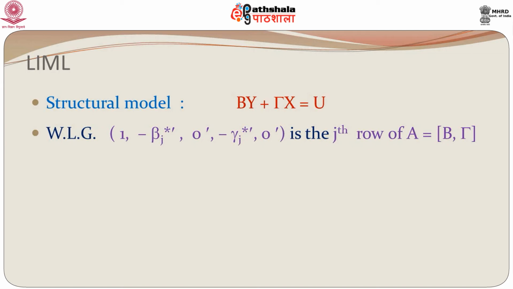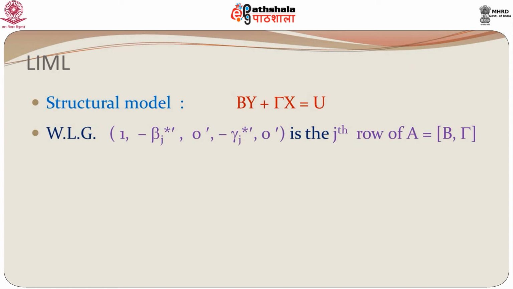Remember, beta j star and gamma j star are the parameters for the jth equation, and we have zeros because some of the endogenous variables, which is capital G minus small gj, and some of the exogenous variables, which is capital K minus small kj, are missing. So, their coefficients are 0.